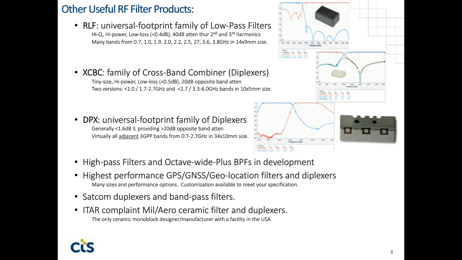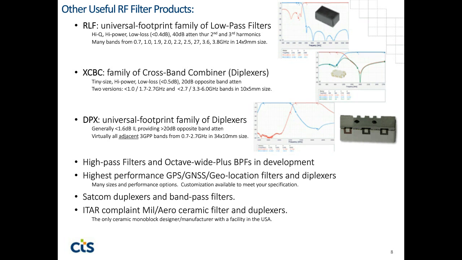One passes the below 1 gig band combined with the high band of 1.7 to 2.7 gigahertz. So for instance, if you have a low band FDD duplexer and a high band FDD duplexer and you want to combine them to share an antenna, you would use an XCBC part.